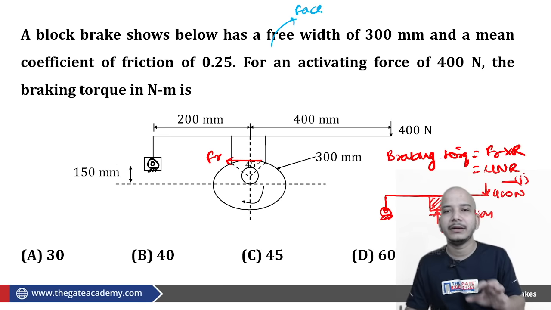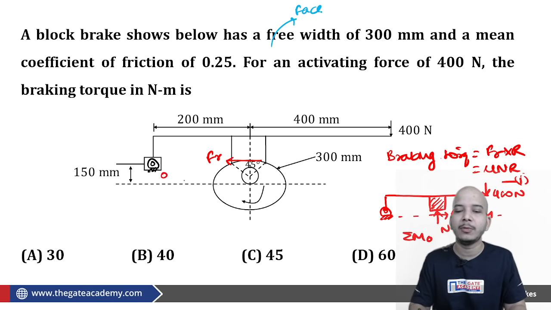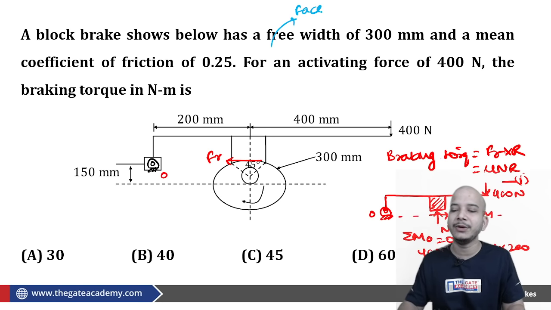However, here somehow they have managed that the direction of rotation is not actually causing any effect. Why? Because the friction itself is passing through the pivot point. So you can say that net moment about point O is equal to 0, which provides the relation 400 into 600 must be equal to N into 200. From here you can calculate the value of N to be equal to 1200 Newton.